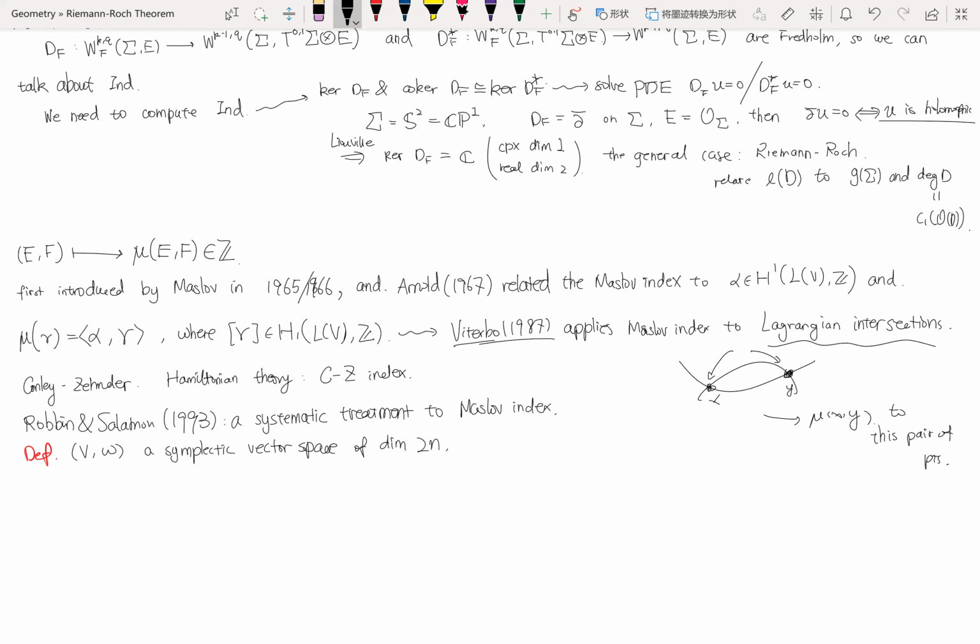The Lagrangian Grassmannian, which we write as L(V), is the space of all Lagrangian subspaces.